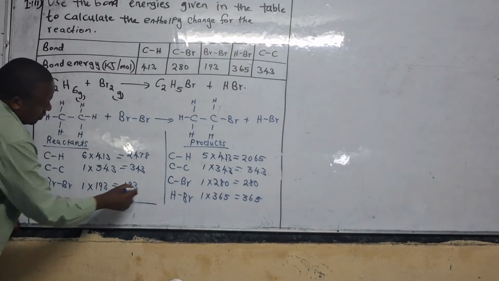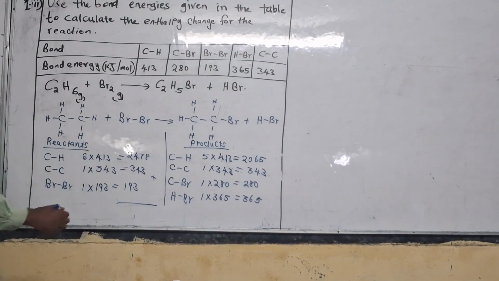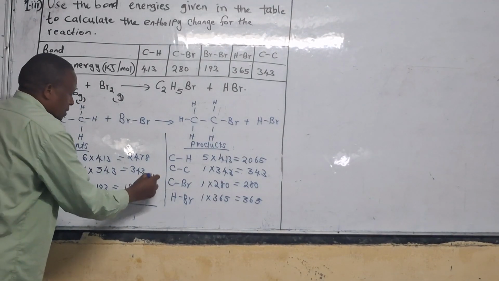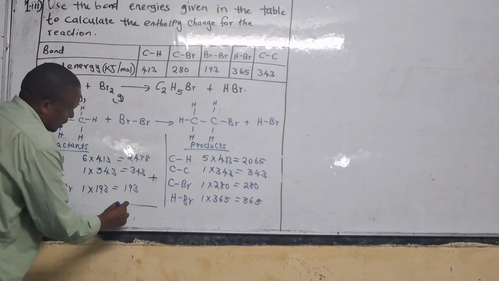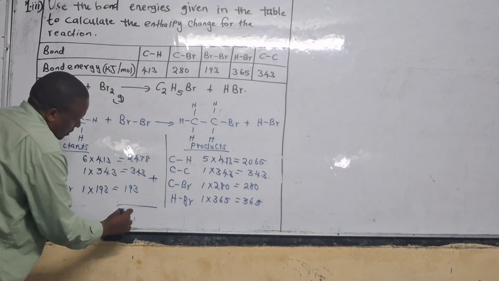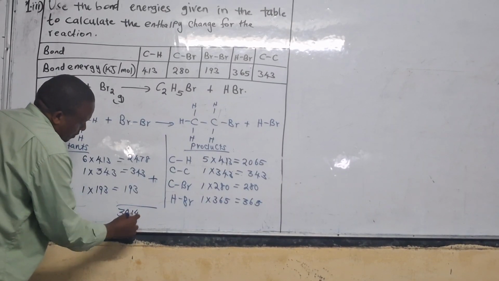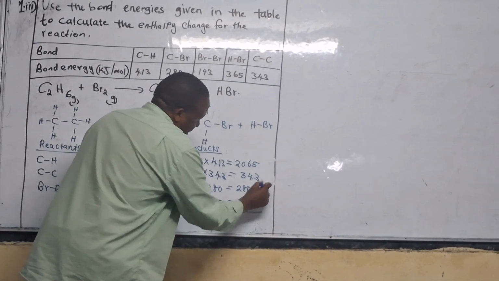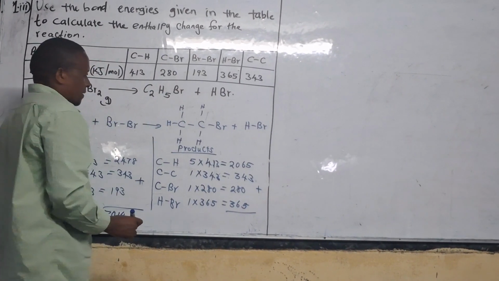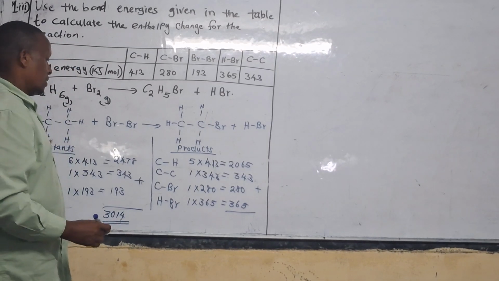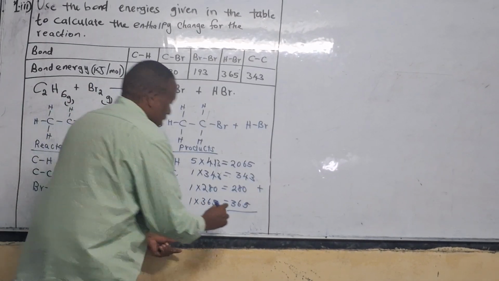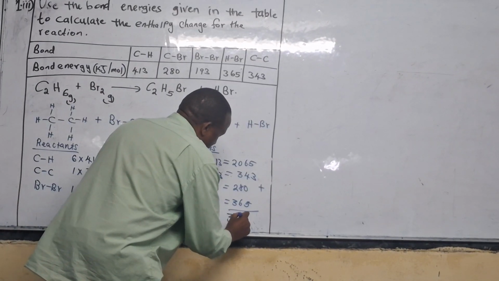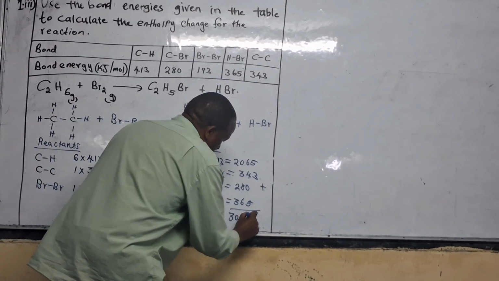What is the total of the bond energies on the reactant side? 3014. Yes. Okay. What about the total of the bond energies on the products side? 3053. Yes. Very good.